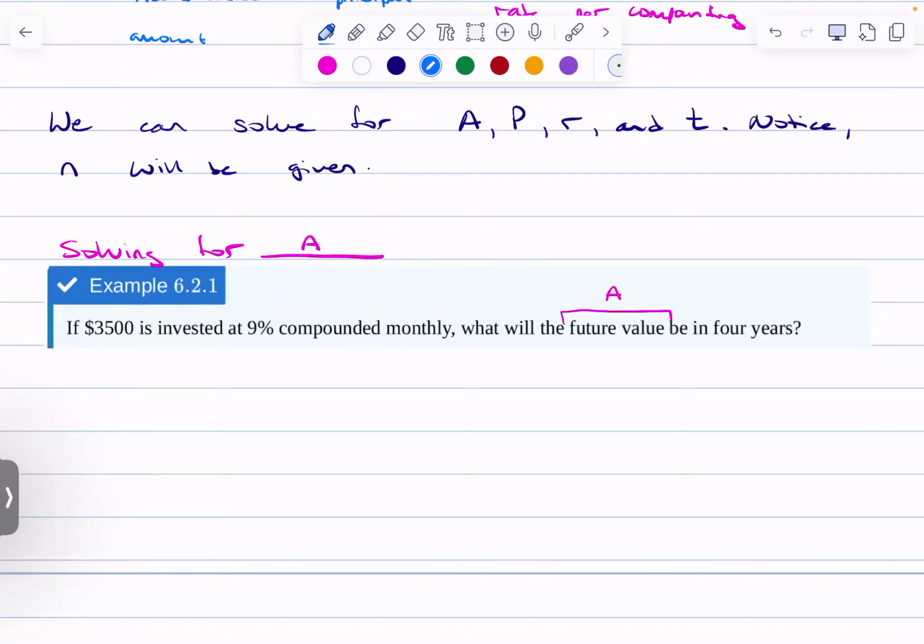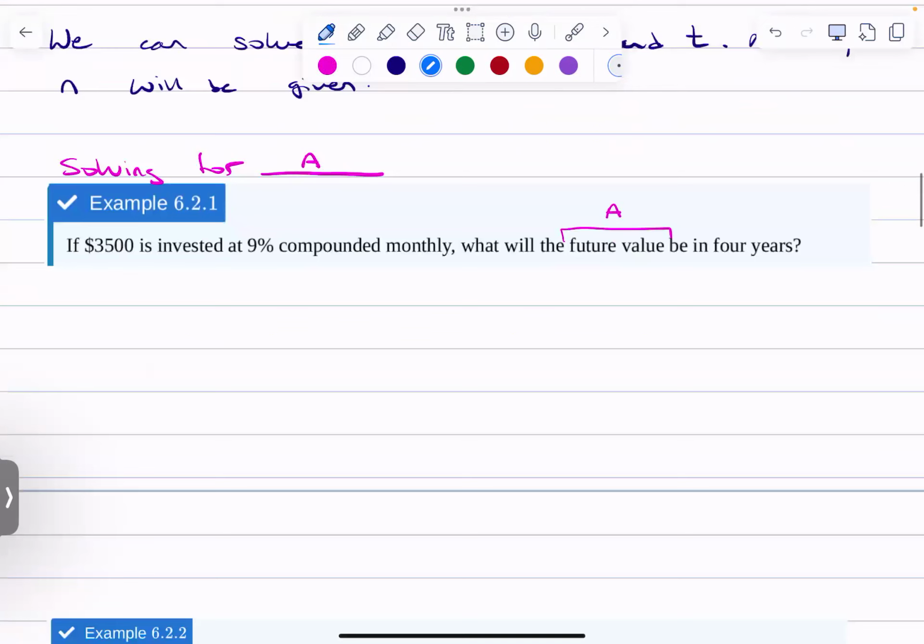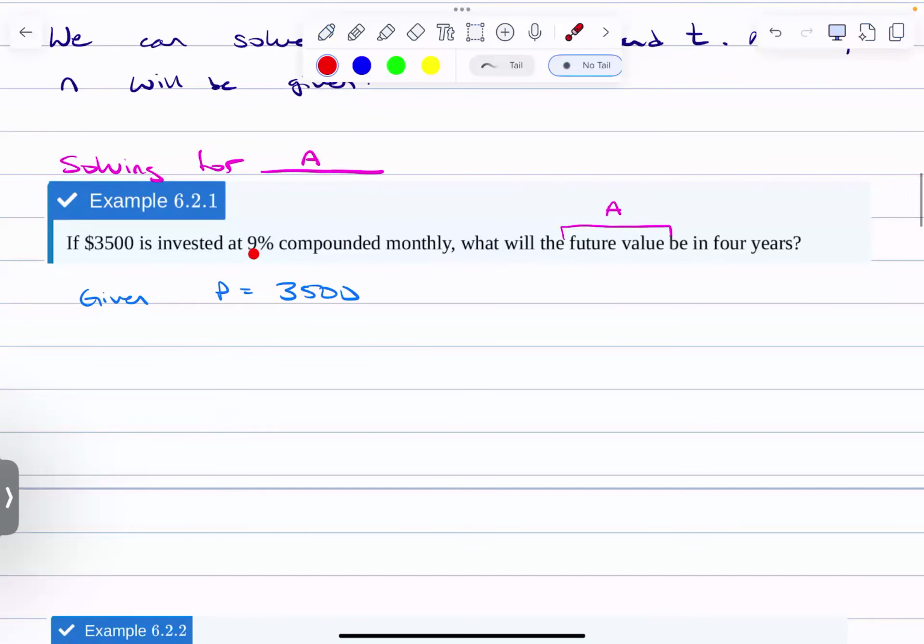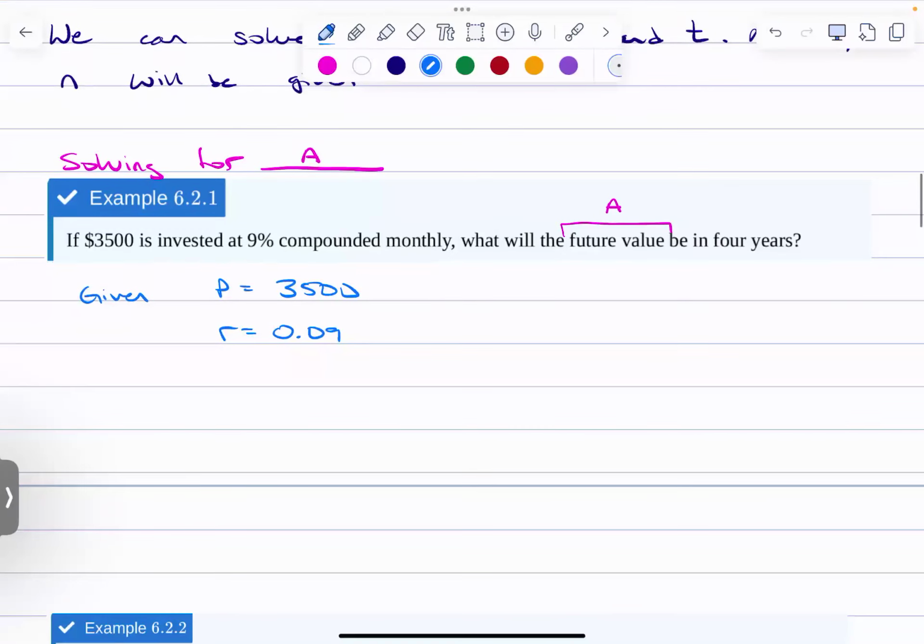We've been given the principal amount that we've invested. And so we've been given P is 3,500. We've been given R. Notice that it doesn't specify per year, so as soon as it doesn't specify, you can assume it's per year. And so R is 0.09.